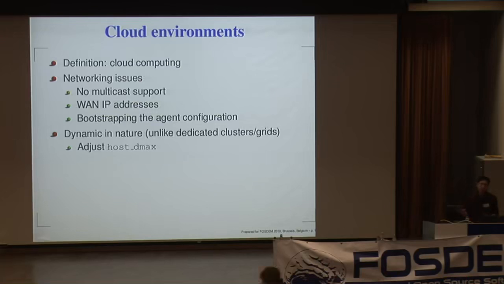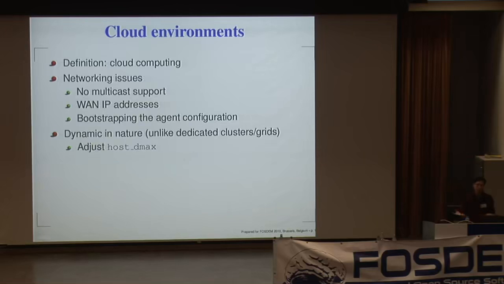So we need to figure out how to handle this dynamic nature. In terms of networking, there's no multicast support, and by default Ganglia uses multicast. Obviously, you can use unicast, which I mentioned, but if you can't use multicast, it changes how you set it up.